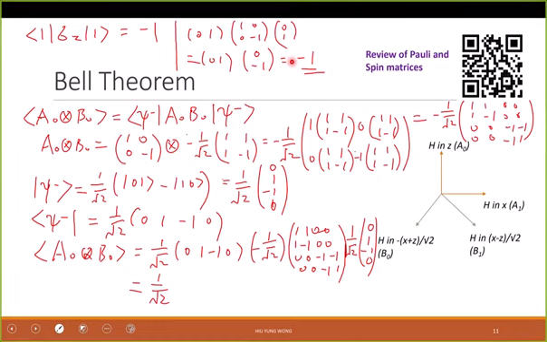Remember I asked you what is the expectation value you will get in sigma C, and I asked you to think from the classical probabilistic point of view, and then use the equation. So this one is the average value you will get for this operator for a given state. That's why I write it in this way.